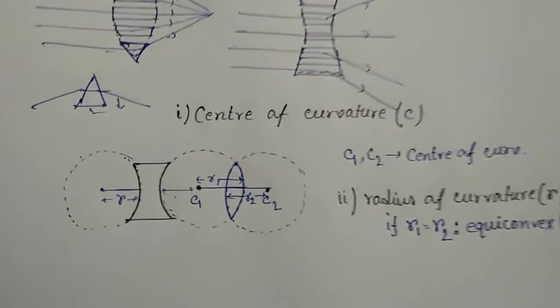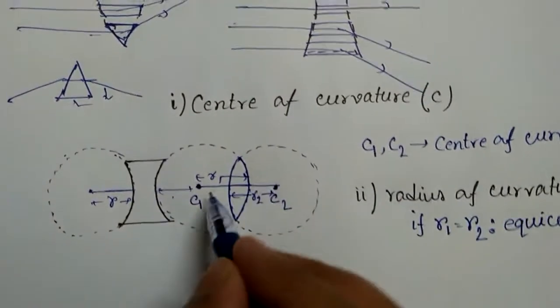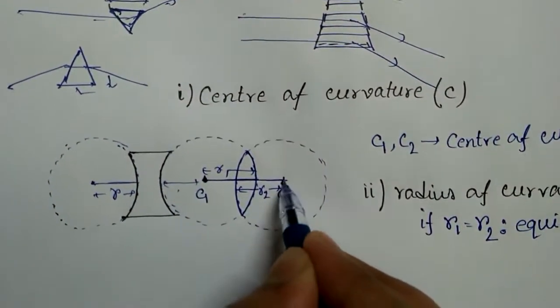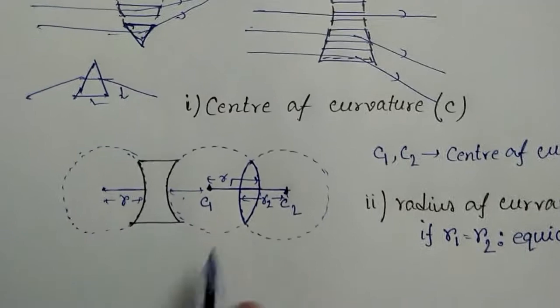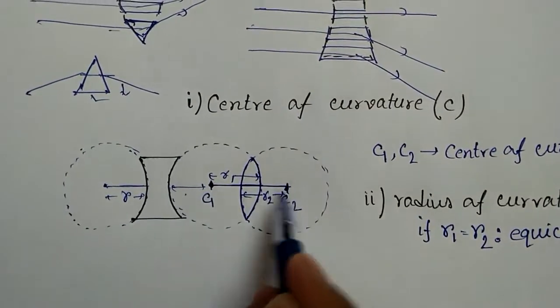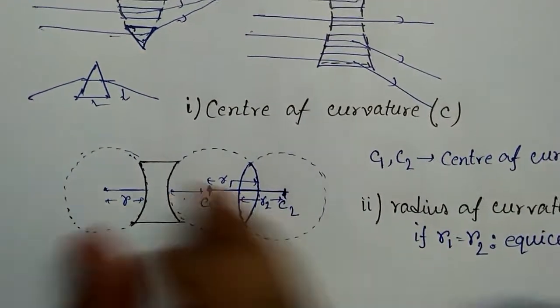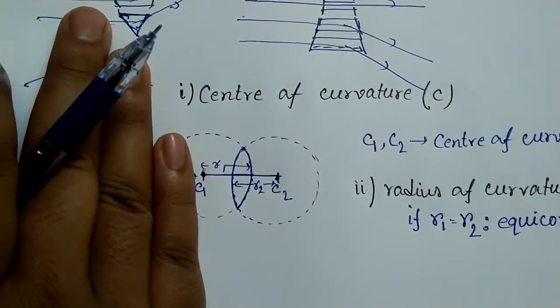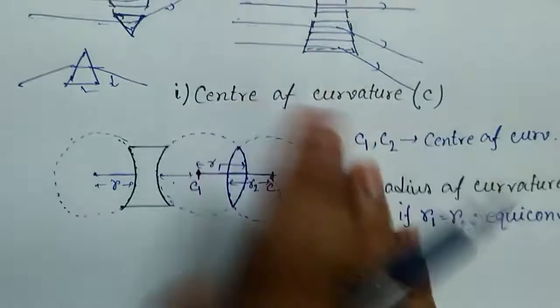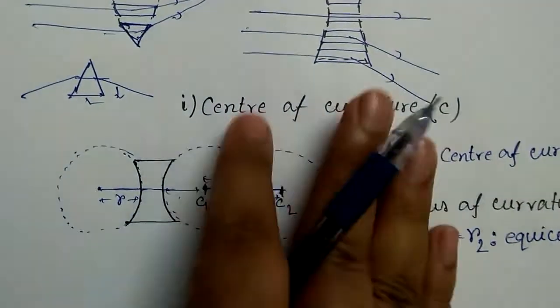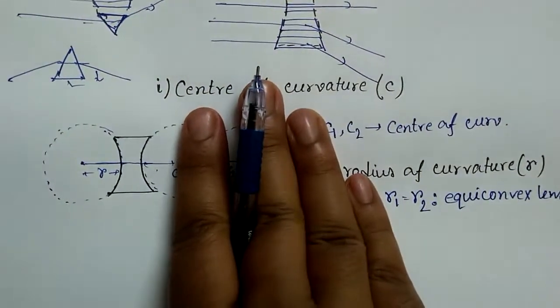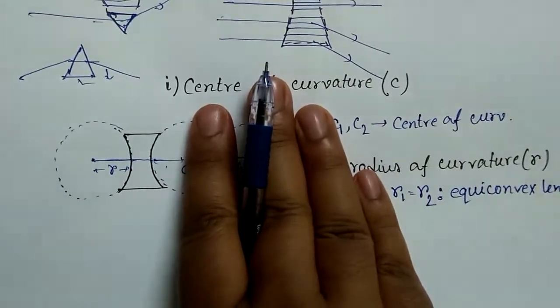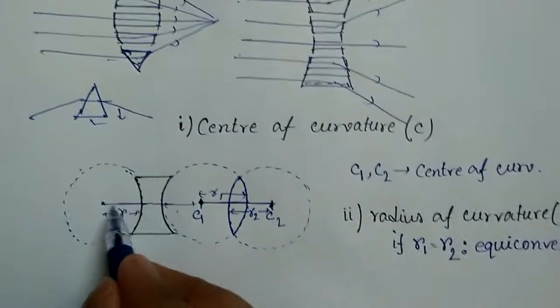Now let me tell you another thing. This axis, that means if you draw an axis by joining the two centers of curvature of an equiconvex lens, or of a convex lens, or in case of a concave lens also, if you just join the two points, then you will get an axis.